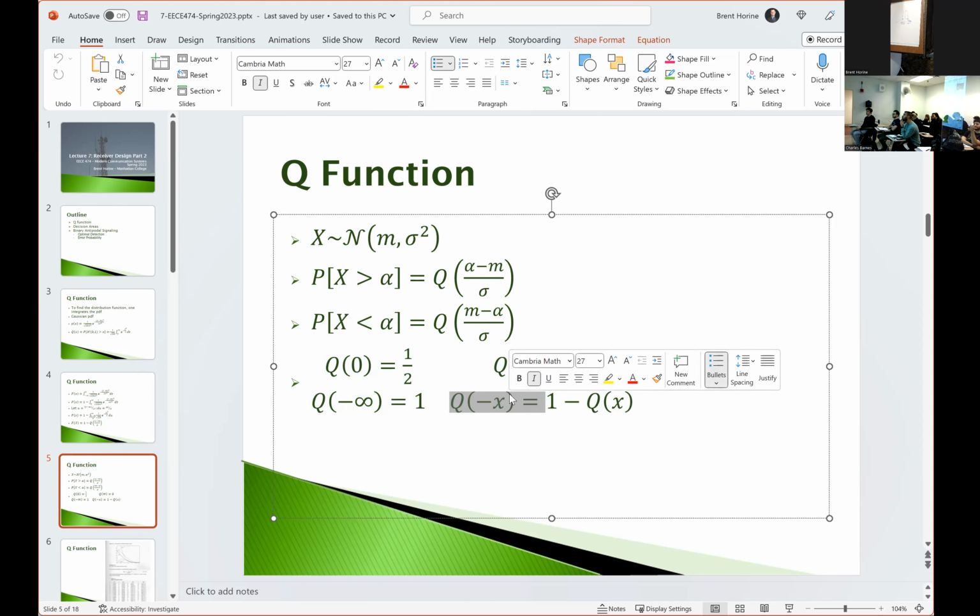So Q of minus x is equal to 1 minus Q of x, right? So if this is x, then this is minus x. We just multiplied by -1 there to flip the numerator around.